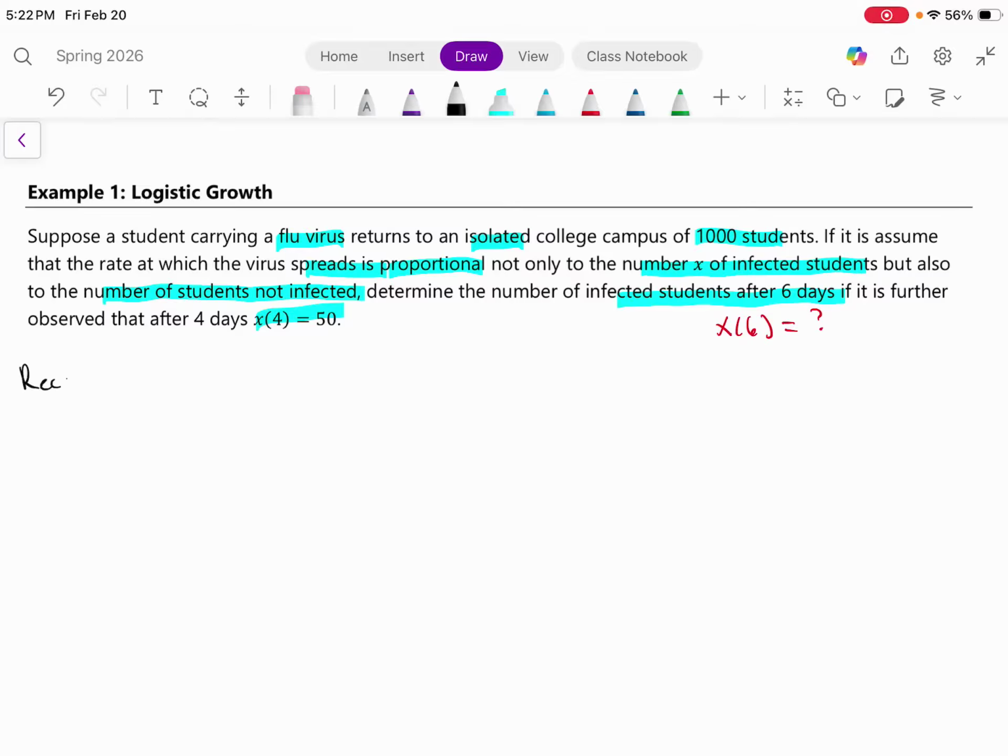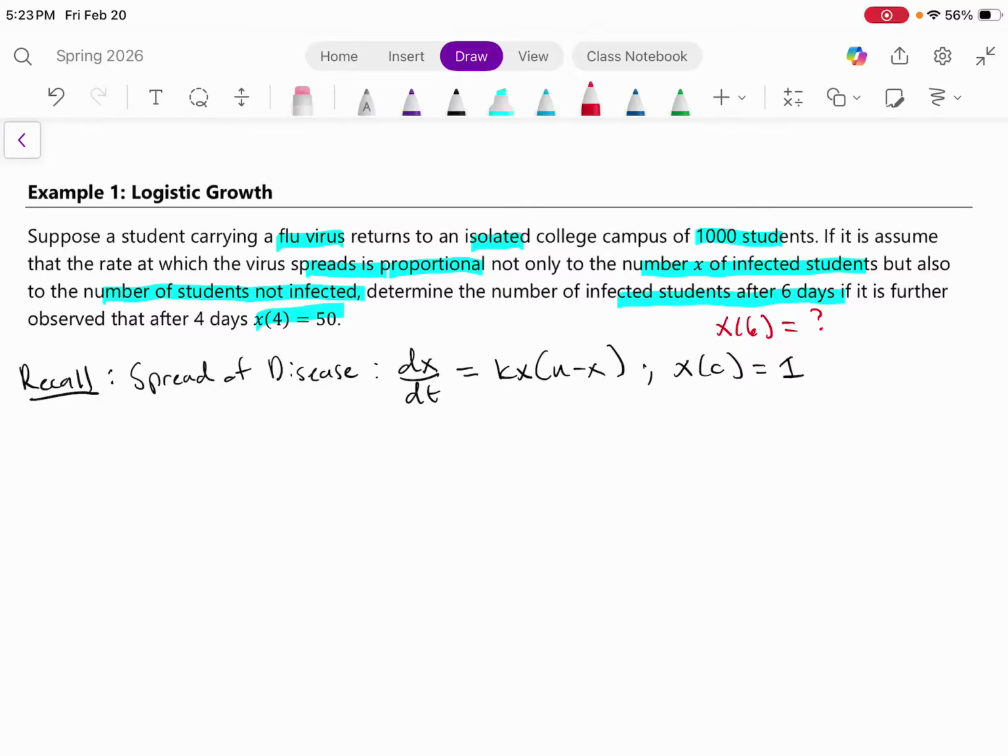So let's recall that the differential equation, the mathematical model for that, was dx over dt equals k times x times n minus x. And we have an initial condition at time 0, x of 0 equals 1. And this 1 represents one person being affected, or patient 0.